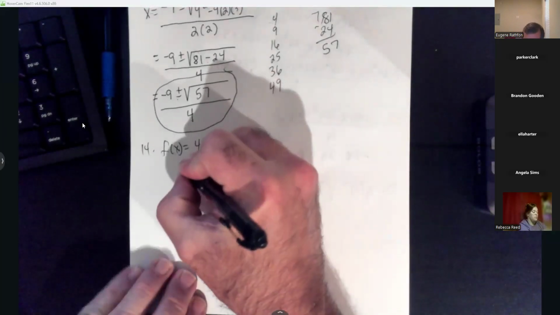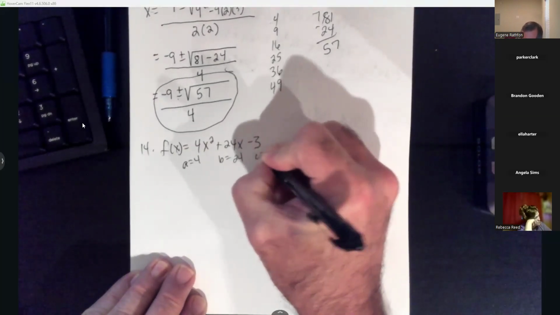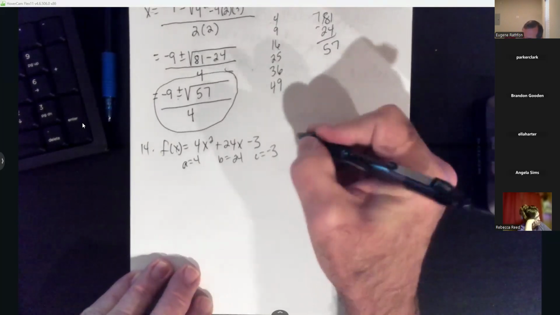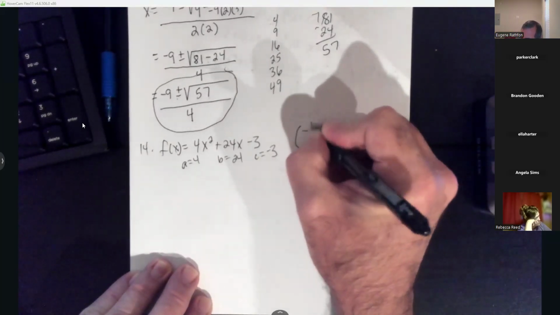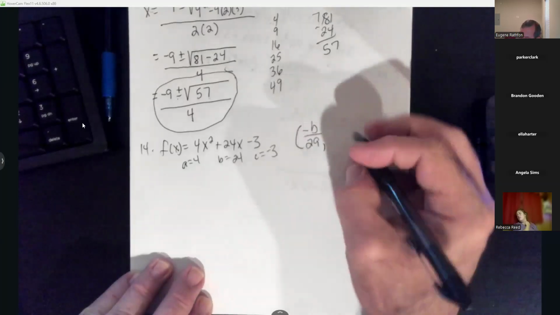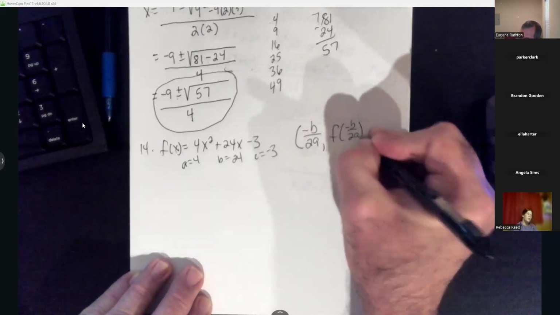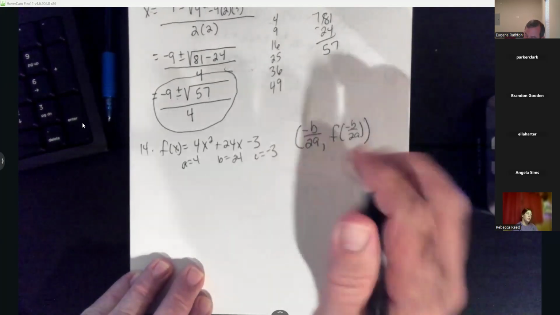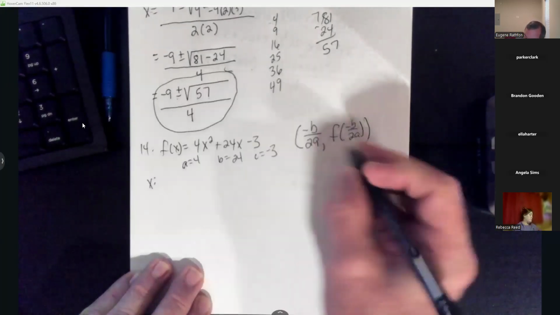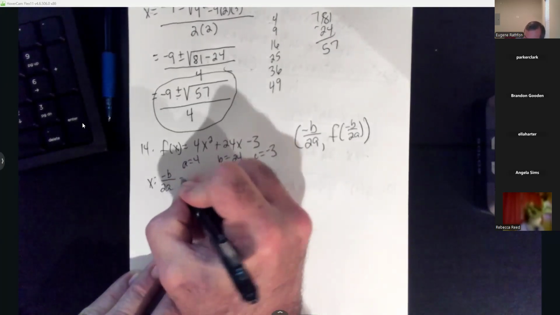Alrighty, so for me, A is 4, B is 24, C is -3. I'm using the vertex formula, which is -b over 2a. That'll give me the x value, and then f of -b over 2a will give me the y value. So I'm going to get the x value first by doing -b over 2a.